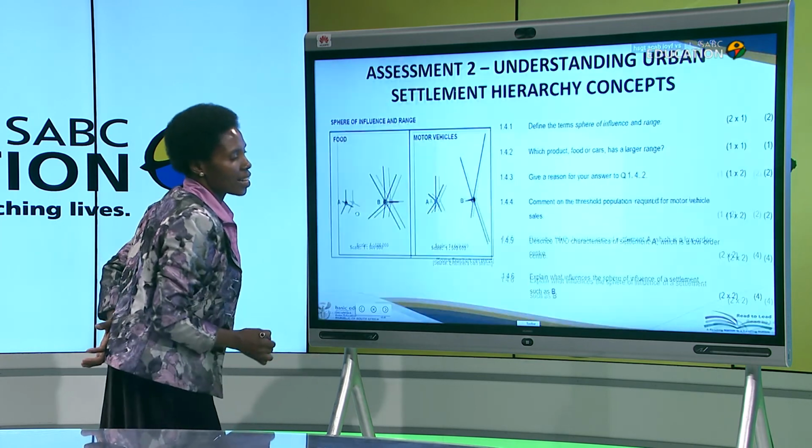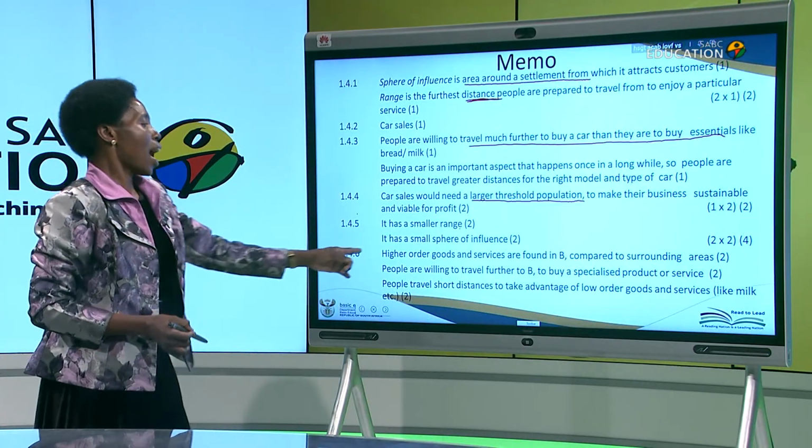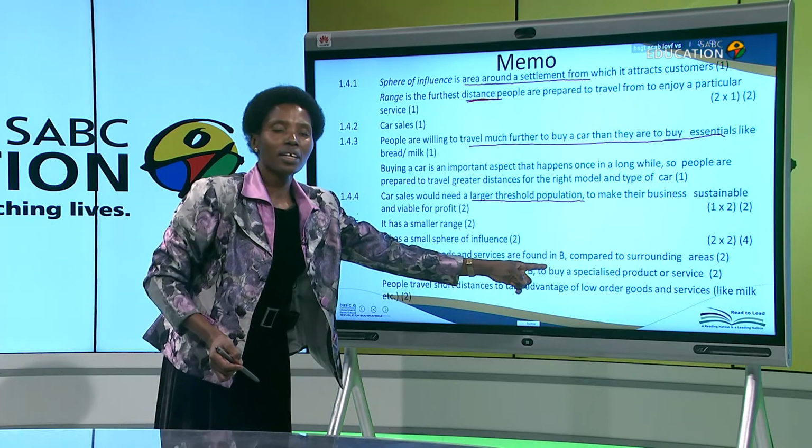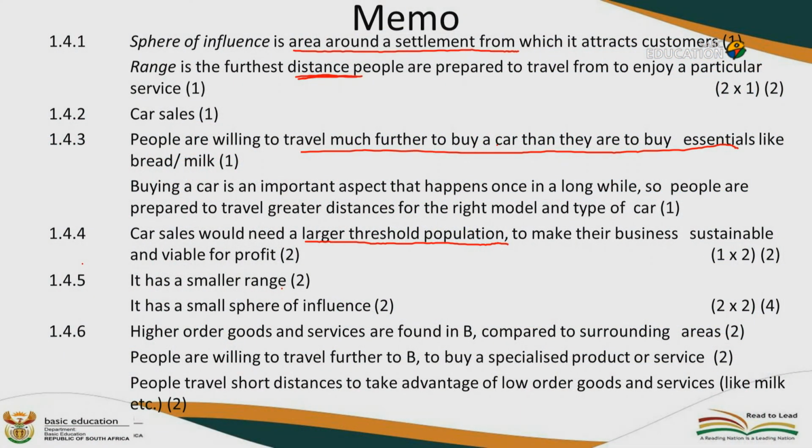So how do we answer this kind of question? High order goods and services in B, which is our cars, compared to the surrounding areas. People are willing to travel to buy specialized or expensive or luxury things far away rather than buying those essential things that are needed each and every day. So when you are answering this kind of question, make it a point that you outline, you show the understanding.